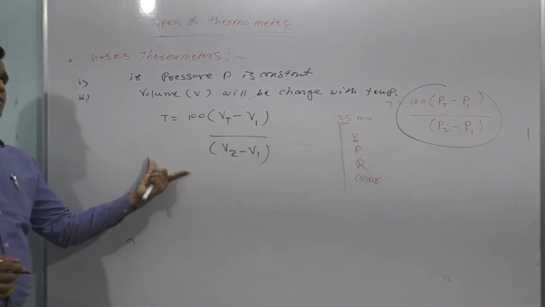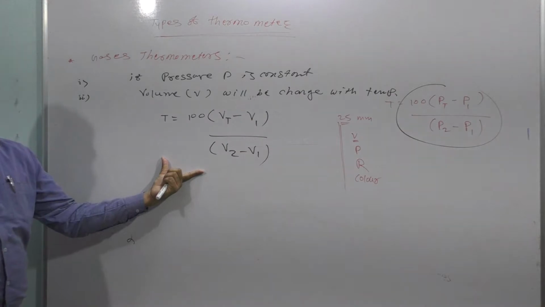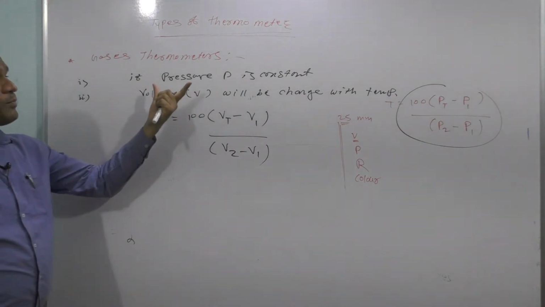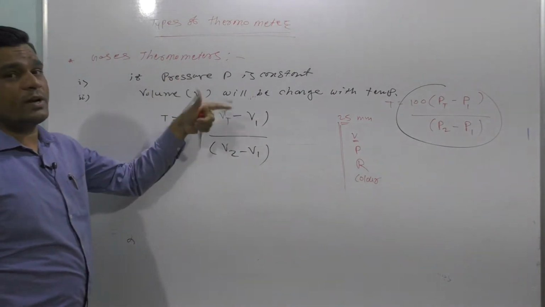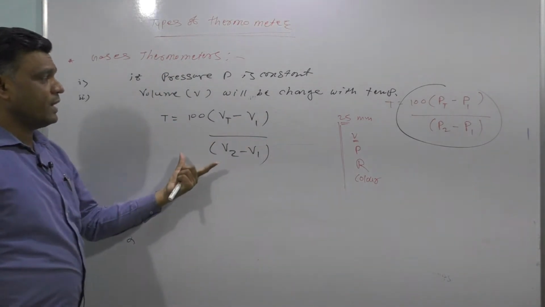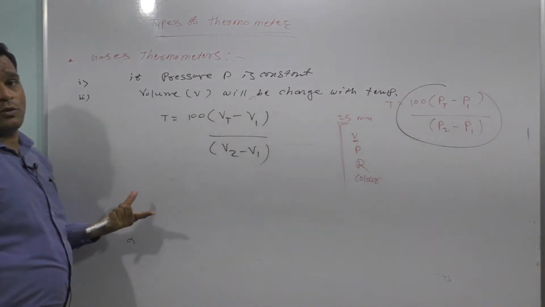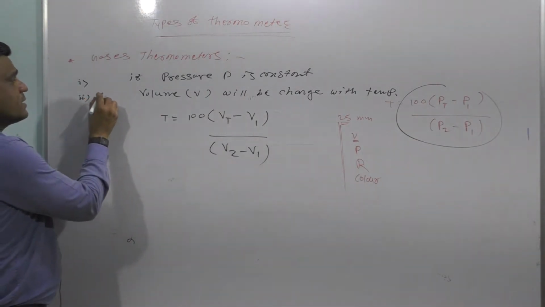This is the same formula where the volume changes. We put in the thermometric parameters, the value of the change, and we can easily find the temperature.